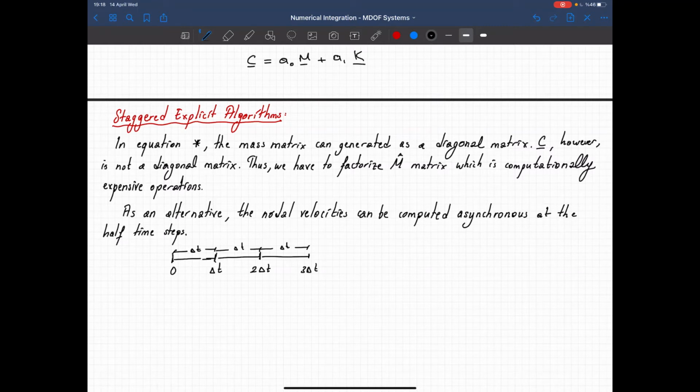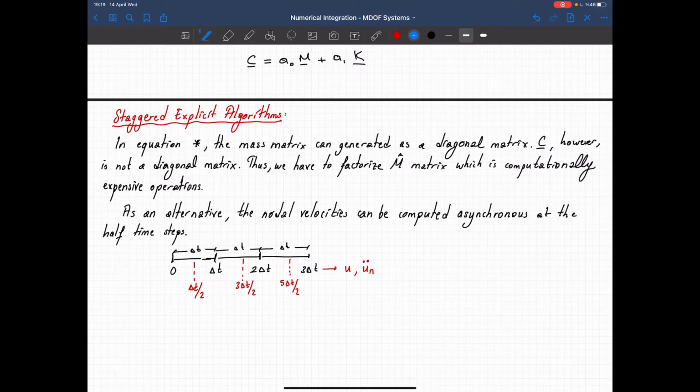But in the staggered methods, we calculate u and u double dot at the classical time steps, but for the velocities we will use delta t over 2, 3 delta t over 2, 5 delta t over 2 half time steps, and combine them with the delta t's and 2 delta t's by using the central difference approximations.